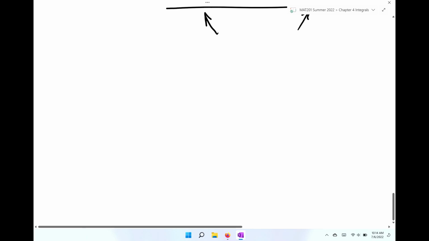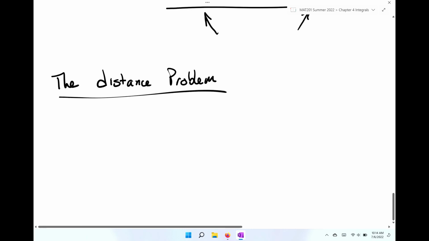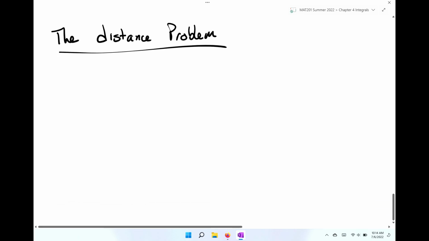So the application of this, and it's a very common one that we've seen previously in this semester, is the distance problem. All right? So if we go back and I asked you to define distance for me, hopefully you would say, well, the distance is the amount of units that an object travels in between 2 points. All right? And I would say, yeah, that's great. Is there a formula for distance?